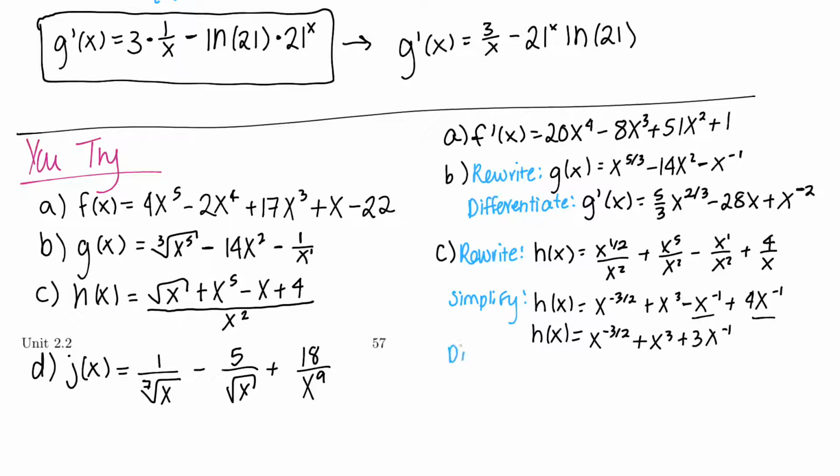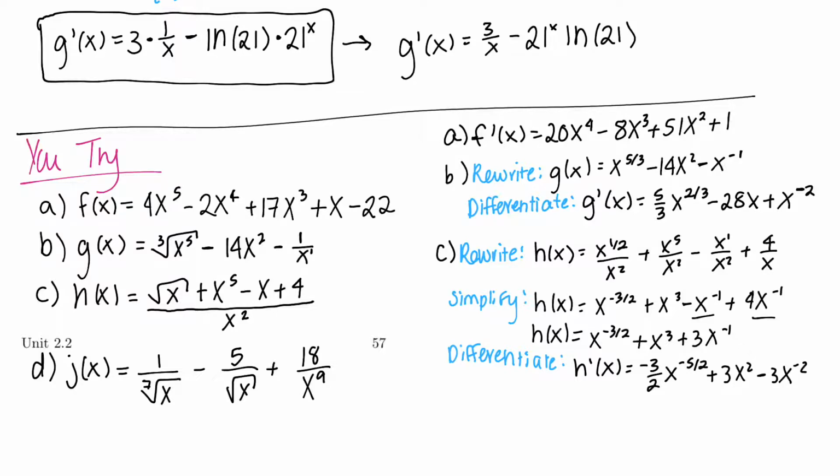And now we can differentiate. So h prime of x will be negative 3 halves x raised to the negative 3 minus 2, which is negative 5 halves, plus 3x squared. Negative 1 times 3 will just make this a negative sign, x to the negative 2.